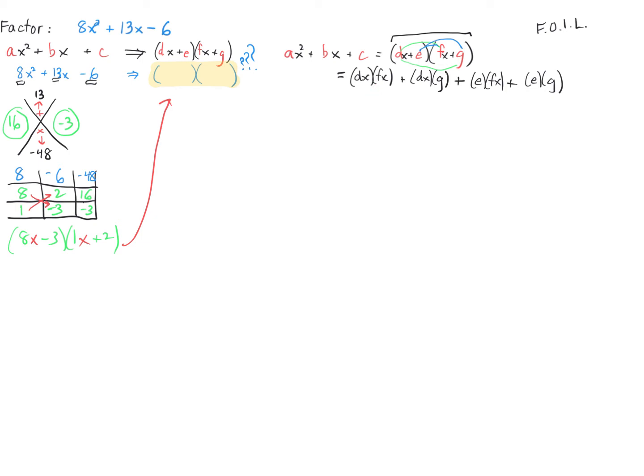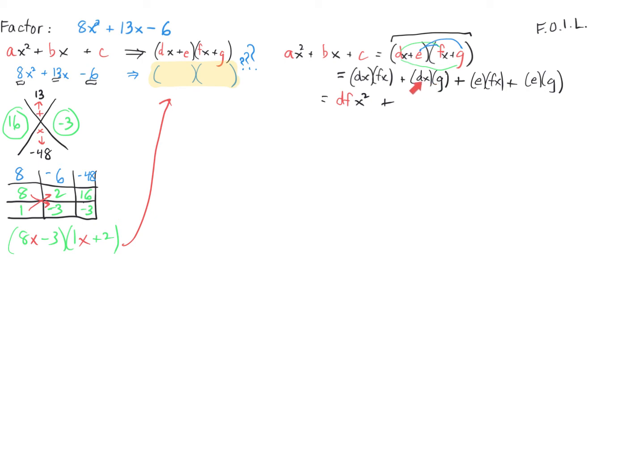All right, for this term, we'll write the d times the f, and then, oops, I wanted to do that in red. Our coefficients will be in red. So the d times the f, and then we have times the x, which is x squared. All right, so here we have d times x times g.